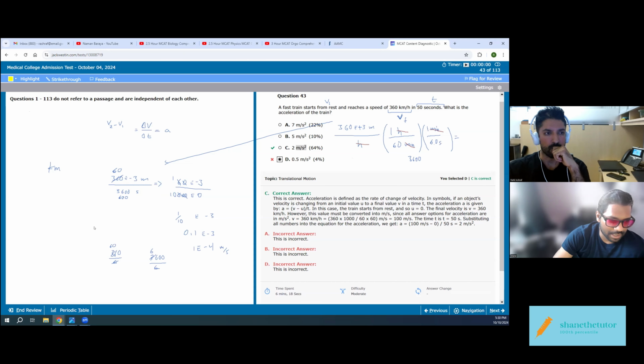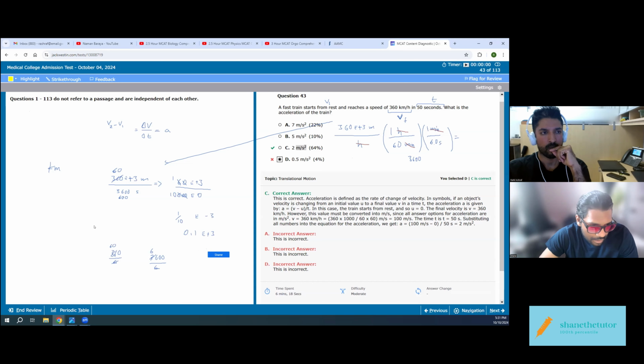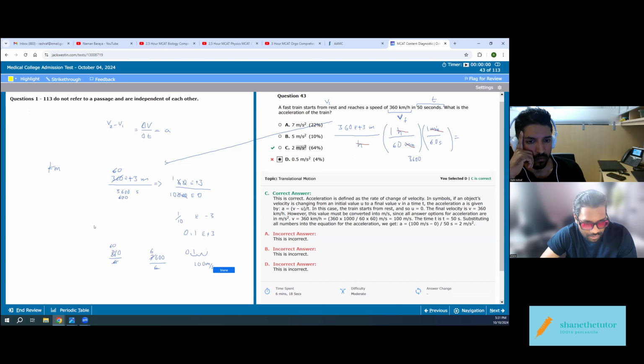This is positive, positive, positive. Whoops. So 0.1, 1, 2, 3. So that's 100 meters per second as your V final, right?